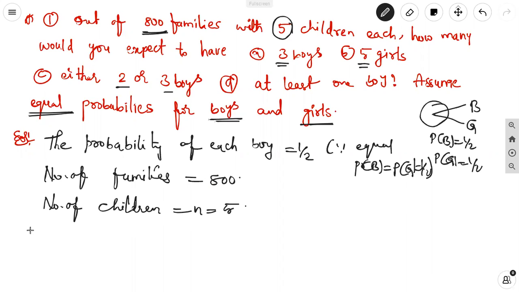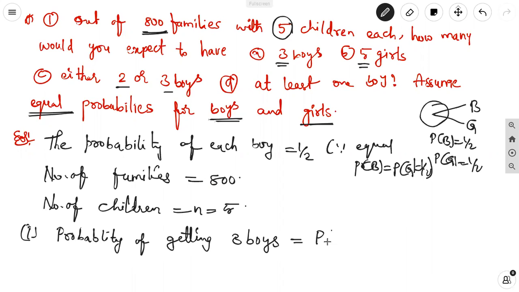In the first case, probability of getting three boys, that is equal to P of x is equal to 3.